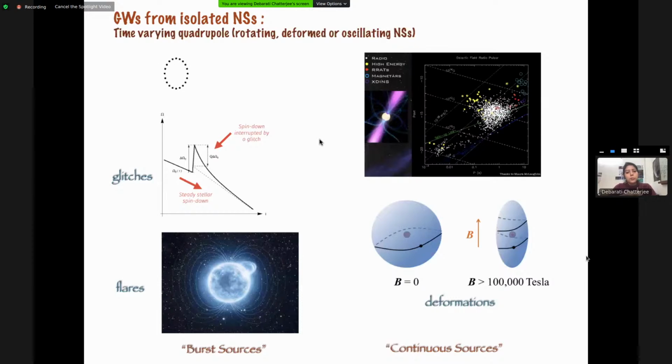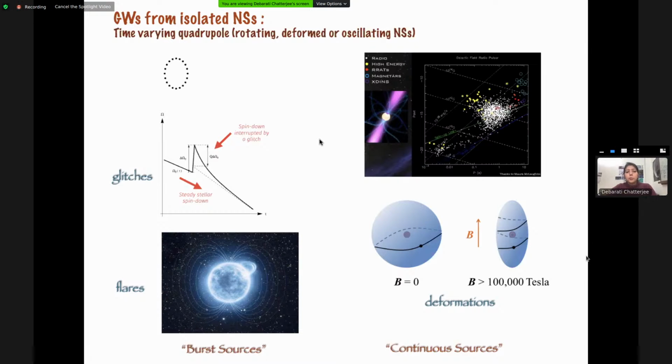So not only neutron stars in a binary, but also isolated neutron stars can produce such a time-varying distortion. What can produce this distortion? Rotation, any kind of deformation, some oscillation, kind of like quakes. Like you have earthquakes, you can also have starquakes on the neutron star surface. All these can produce gravitational waves.